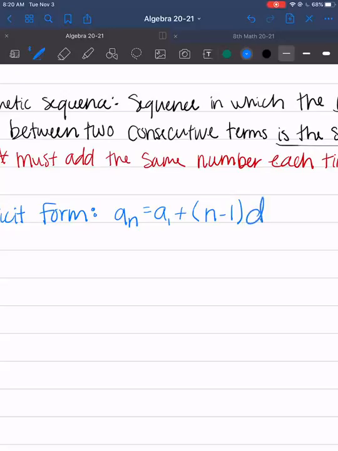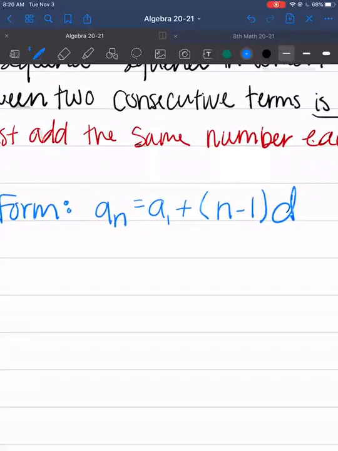We're going to explain what each thing is. That's A sub n. A sub n equals A1 plus parentheses n minus 1 parentheses times d. Where? This is our first term in the sequence.